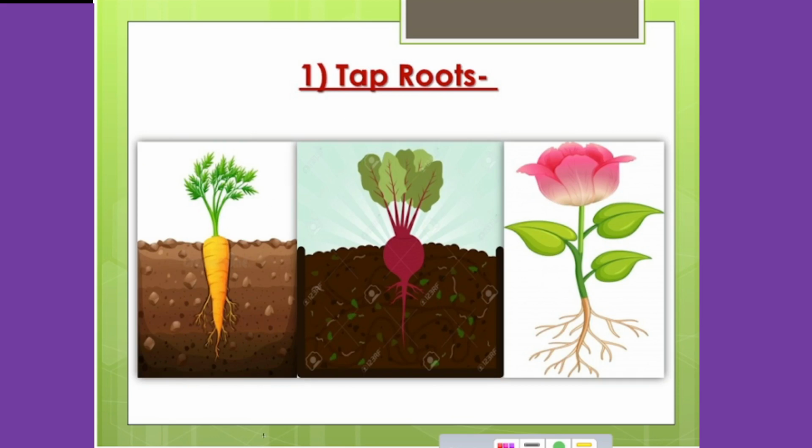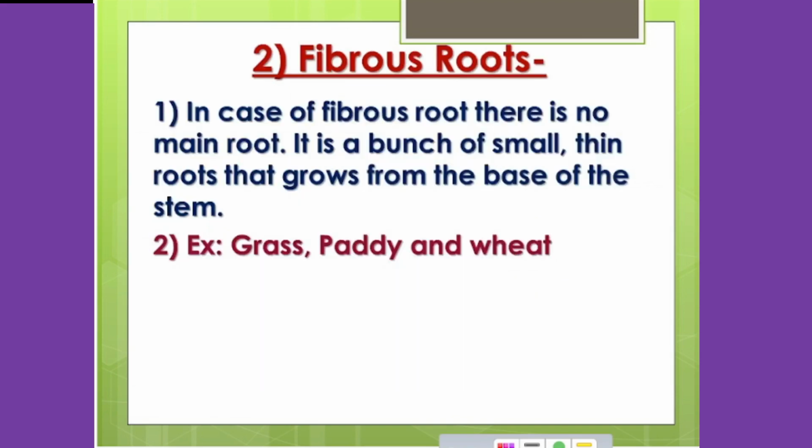Let us see here the example of carrot, here the example of beet, and here one example of a flower. All these roots contain one thick main root, and small or thinner roots are developed like branches. So these are the examples of taproot system.